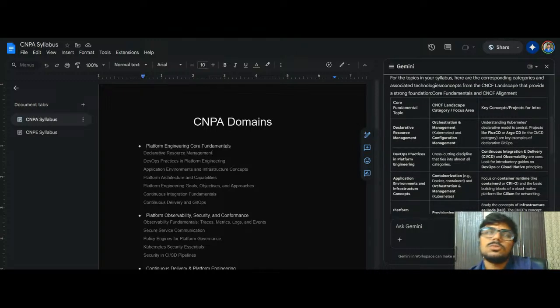Declarative resource management. So there are two ways. One of them is the imperative approach, another one is the declarative approach. In the imperative approach, you write down each and every step that has to be performed in order to reach the final state of your architecture or your workloads.